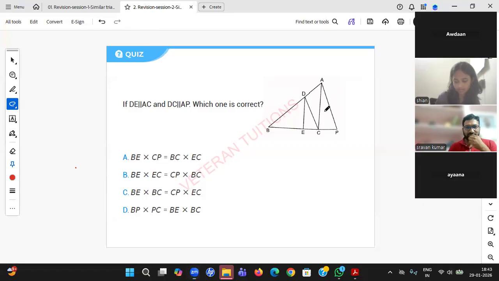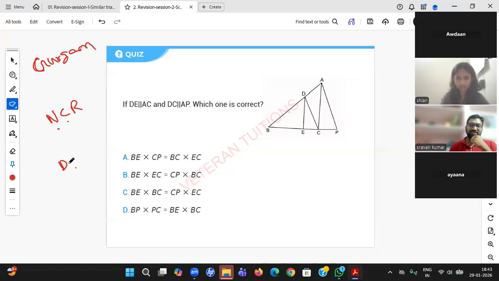Yes, Avdan. Sir, one very normal question: is Noida in Delhi or UP? Noida is in UP. It's in NCR. Isn't it in Haryana? No, Gurgaon is in Haryana. Noida is in UP, but it is in NCR, the National Capital Region.